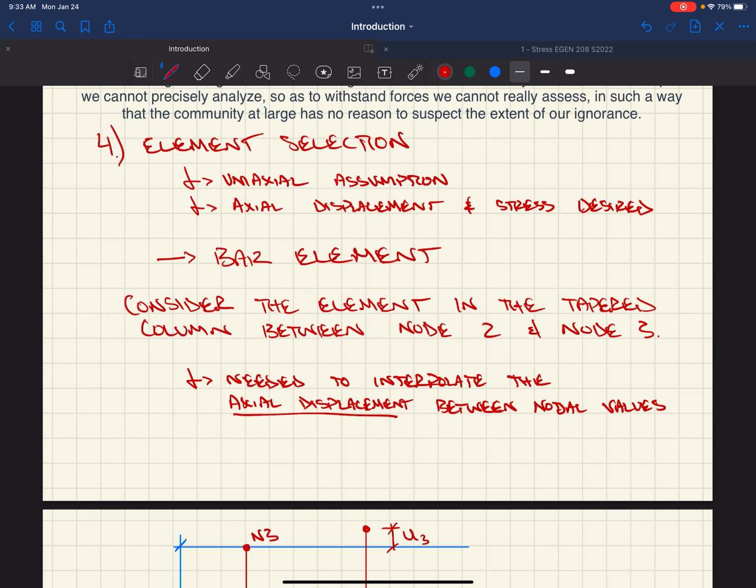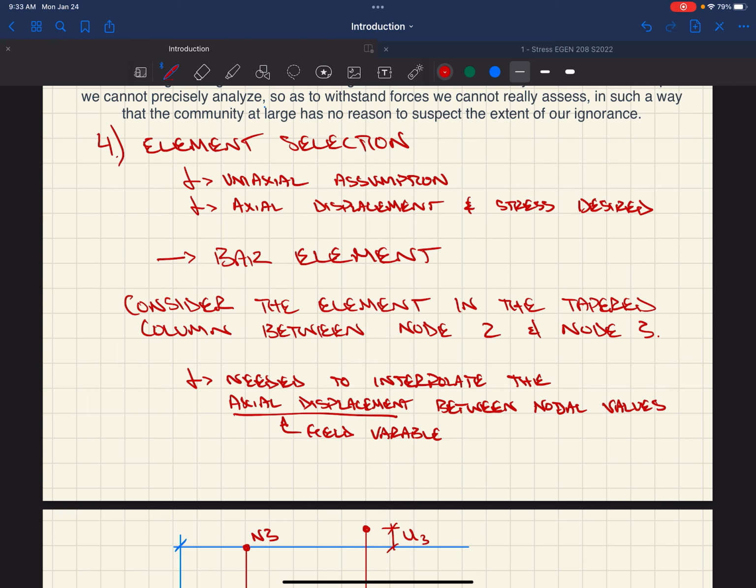Right, and this axial displacement is our field variable. So this bar element that we've decided to use is going to have some sort of interpolation assumption as to how does the displacement change from one node to the next node. Okay. And that constitutes a finite element, right?